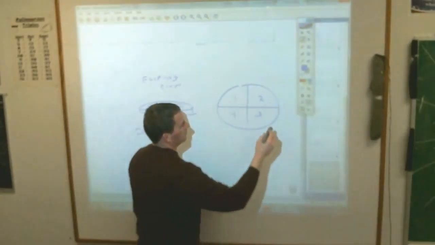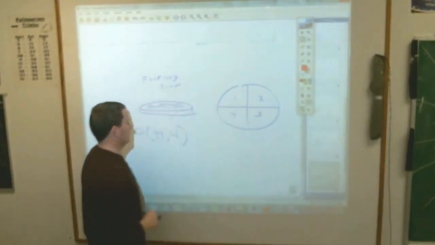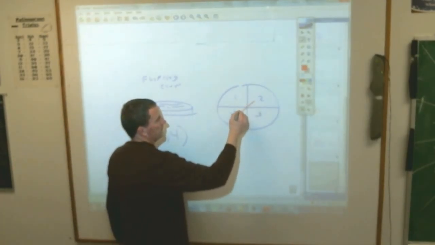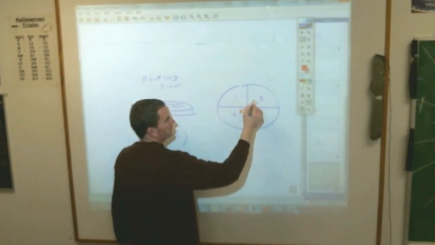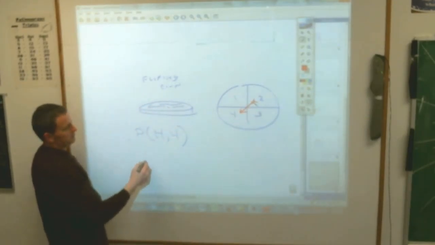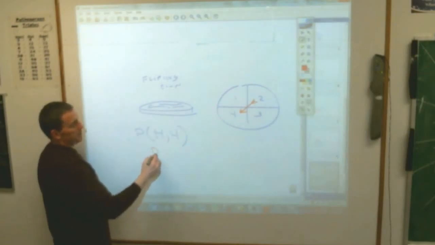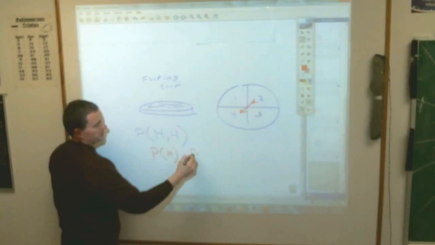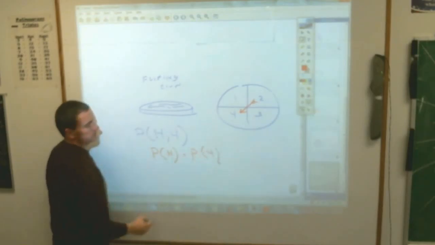If I asked you the probability of flipping a head and spinning a 4, to figure that out, you just multiply their individual probabilities together. The answer is the probability of flipping a head times the probability of spinning that 4.